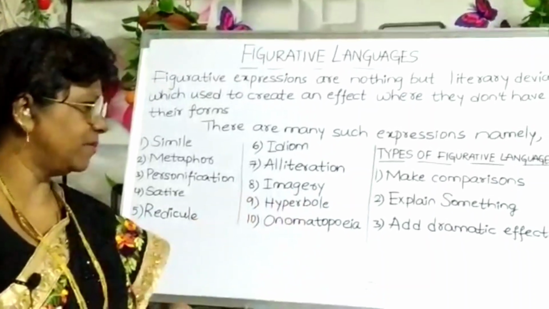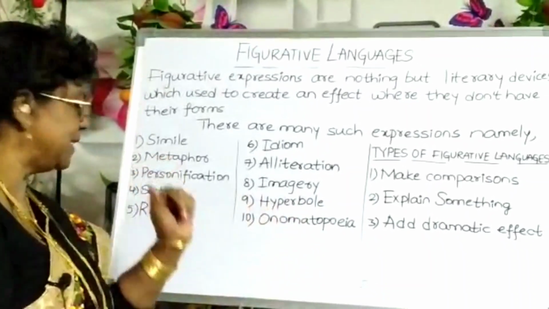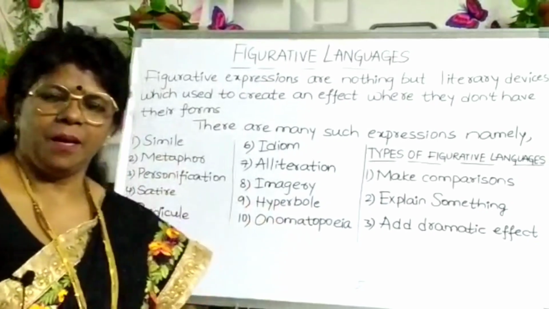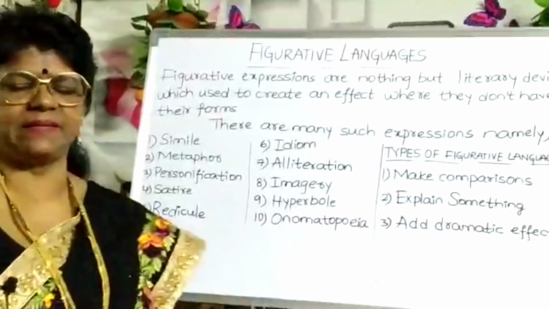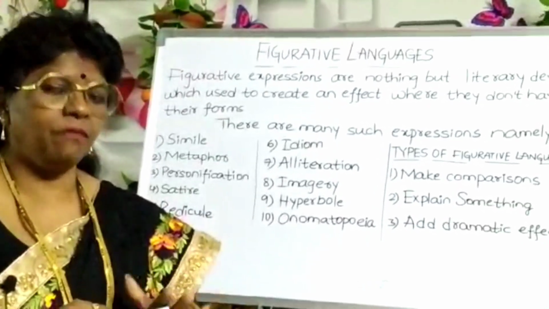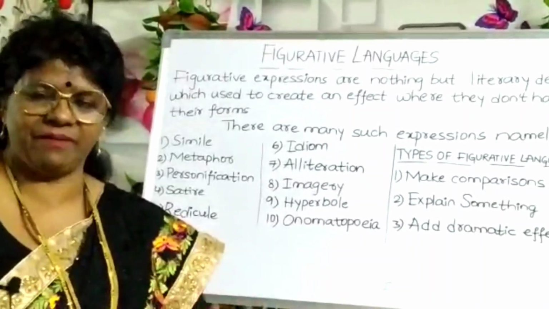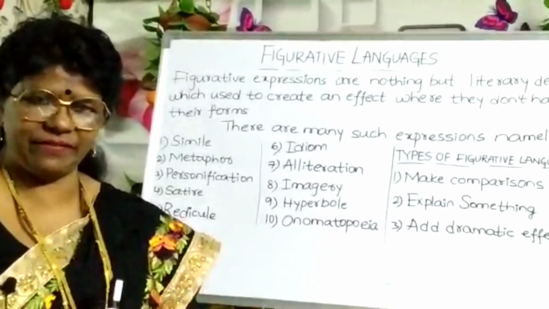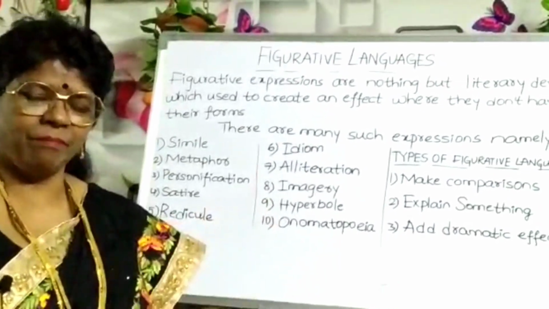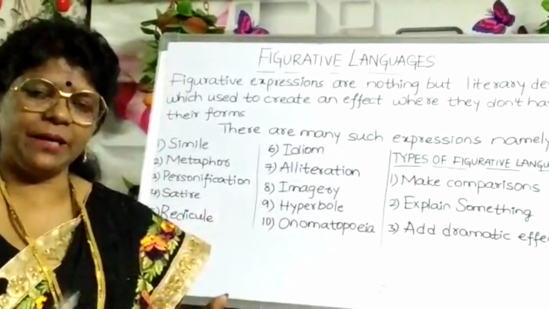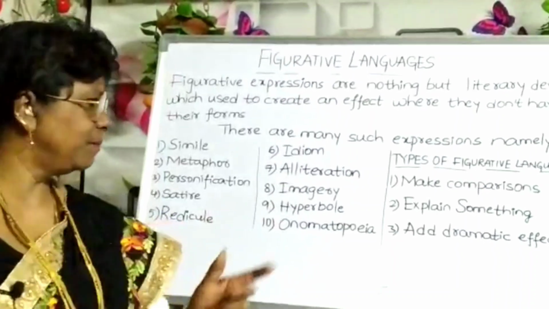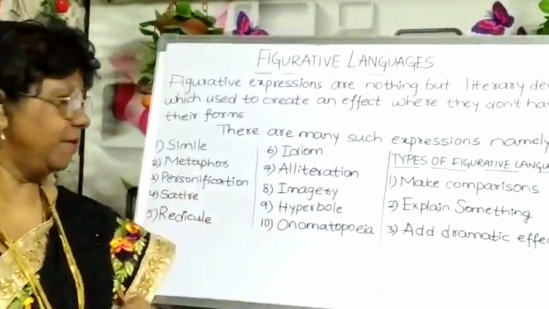Explain something, for example, let us take metaphor. Metaphor is also a sort of comparison, but we never use as or like. My home is heaven. Don't you feel any difference between these two sentences? My home is heaven and my home is like heaven. So that is explaining something.